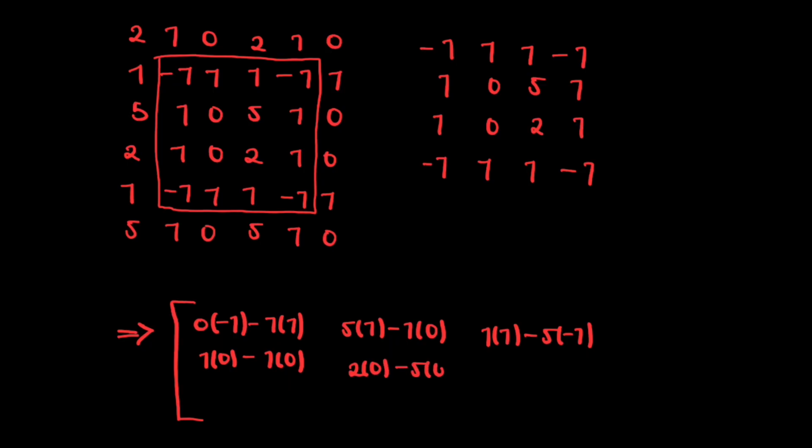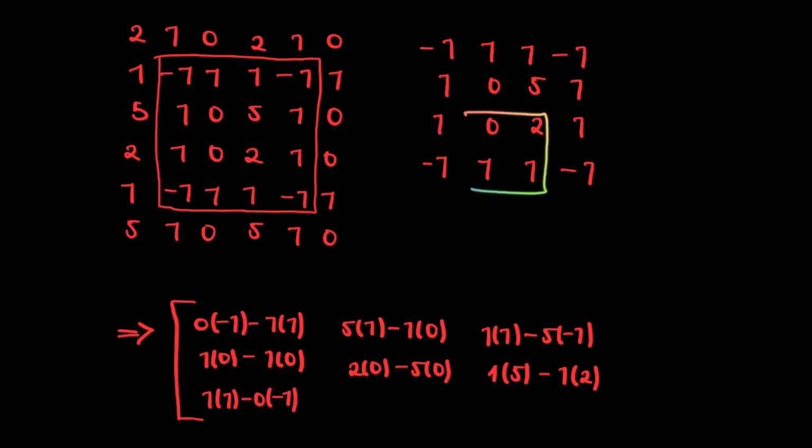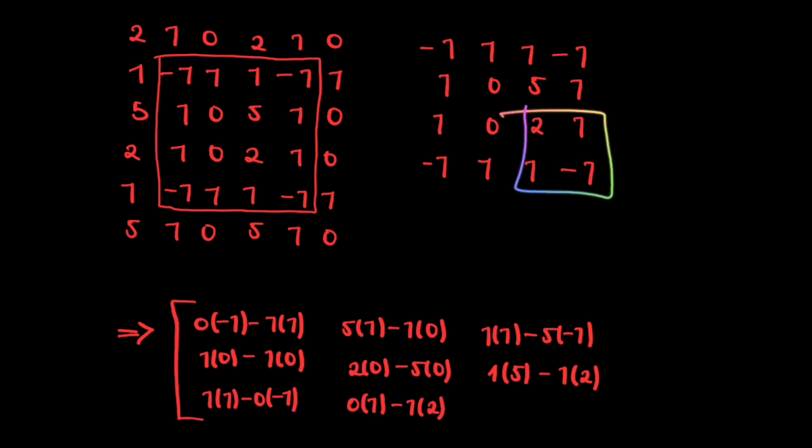The next: 1 times 5 minus 2 times 1. The next: 1 times 1 minus 0 times minus 1. The next: 0 times 1 minus 1 times 2. And the last one: 2 times minus 1 minus 1 times 1.